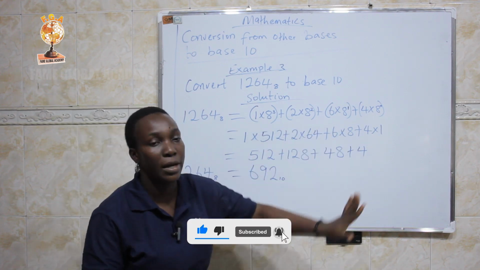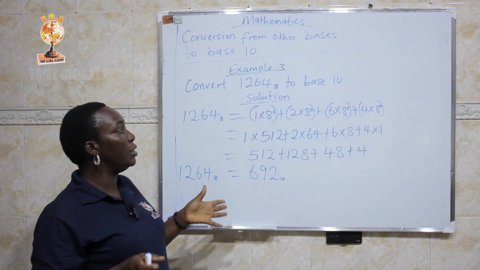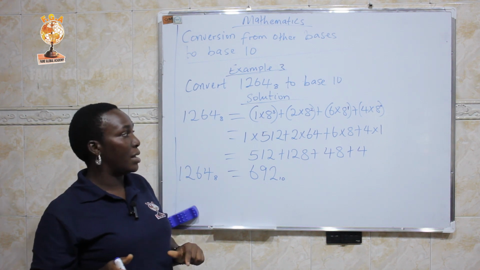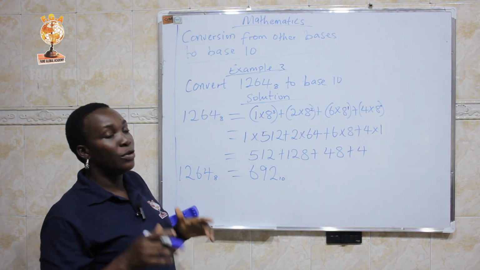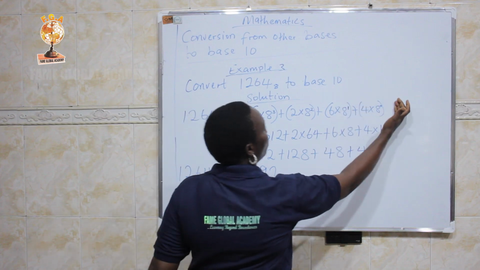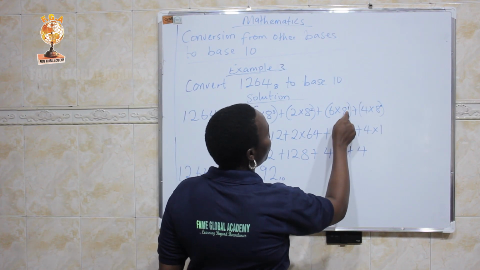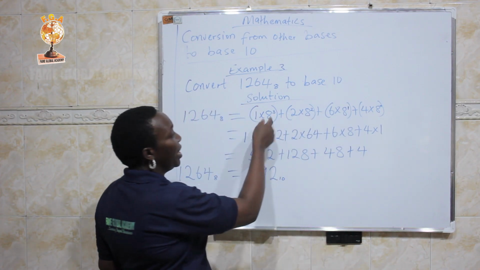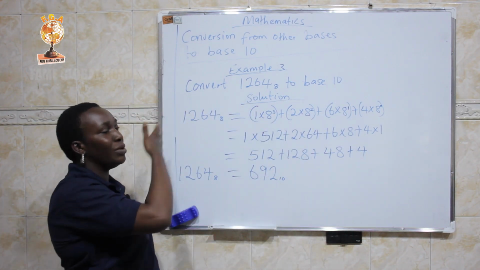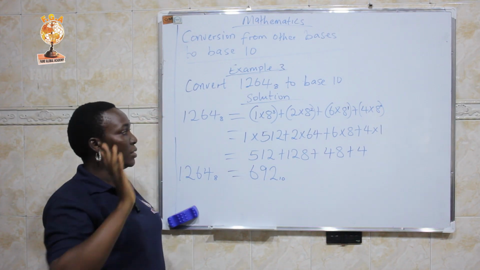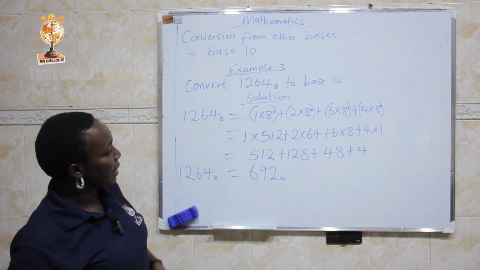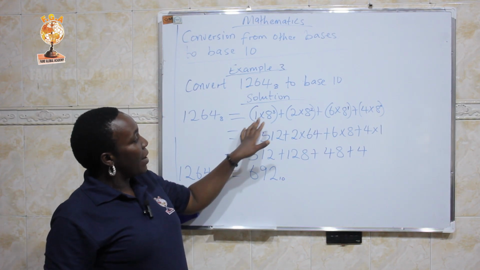After the multiplication, you add your power to the base, and you start from the last one, and you use 0. Start from 0. So here is 0, here will be 1, here is 2, and here is 3. If there is another number, you continue like that, 4, 5, and so on till the number is ended.